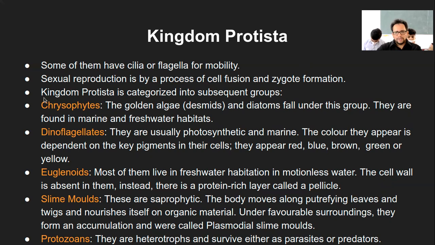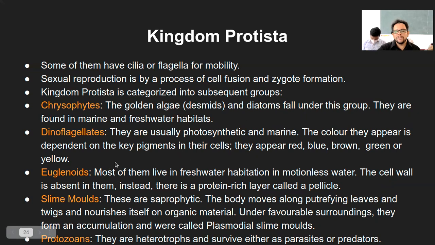So, kingdom Protista is categorized into 5 main groups, I can say. They are Chrysophytes, Dinoflagellates, Euglenoids, slime molds, and Protozoa. Again, you will have to remember these names to some extent, because they will be asked as an example.